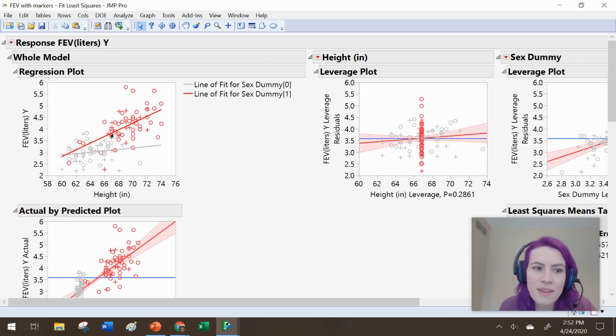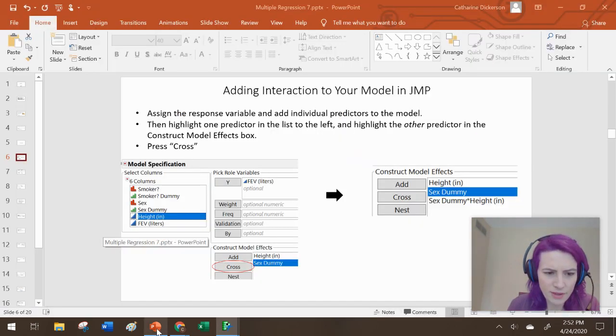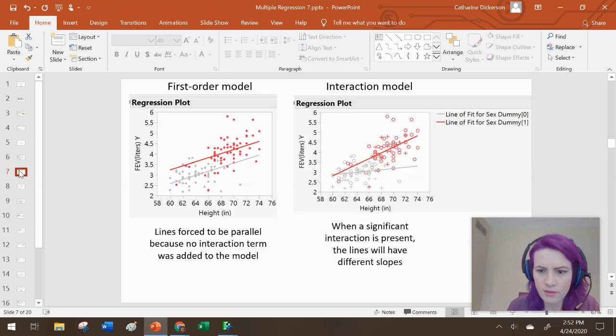All right, and this maybe looks like a better fit because remember we had said with the parallel lines, we kind of saw that it didn't really describe the higher end males very well. They seem to be quite far above the line. I think I have side by side. There we go.